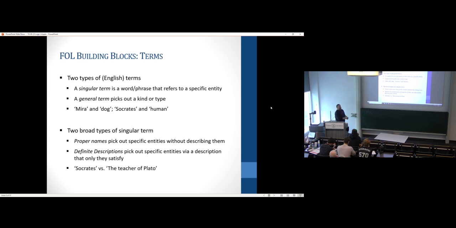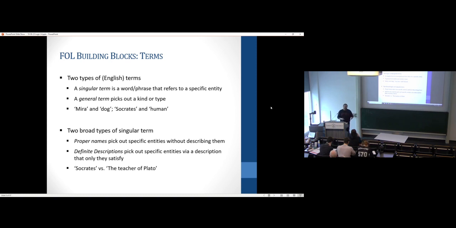And singular terms actually come in at least two types. There are proper names, which pick out a specific entity without describing them in any way. So Mira, the fact that you know Mira is the name for my dog, well, just from that name alone, you don't know anything about her.